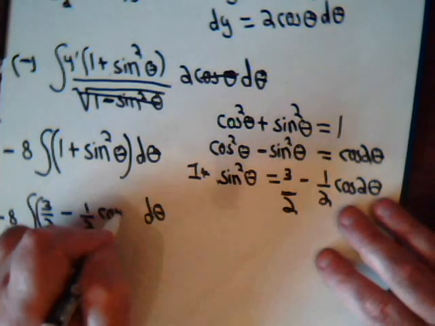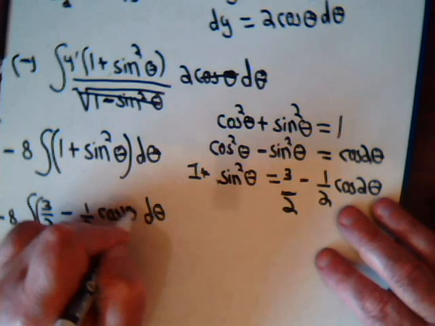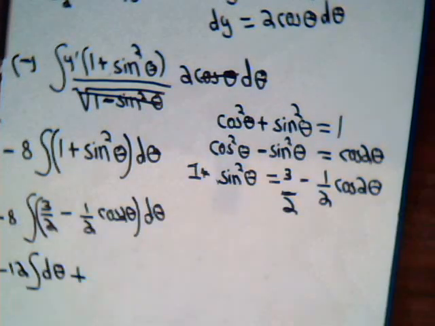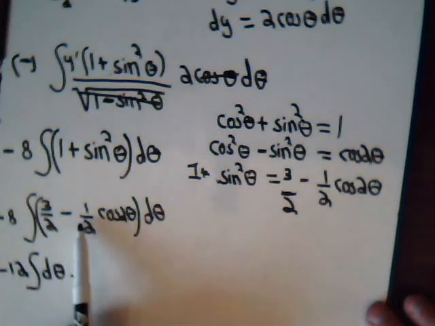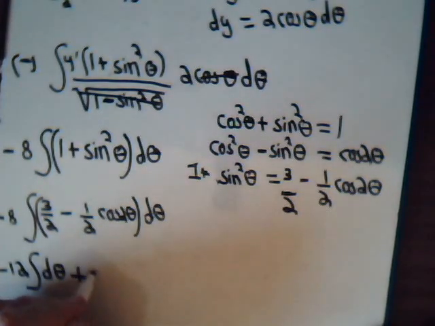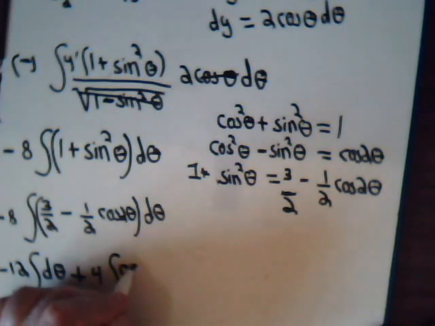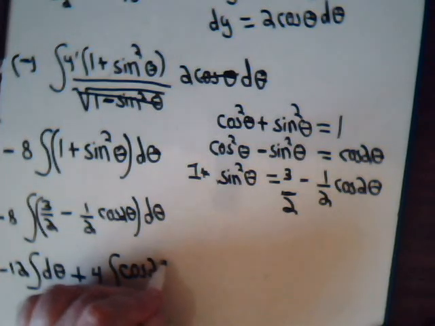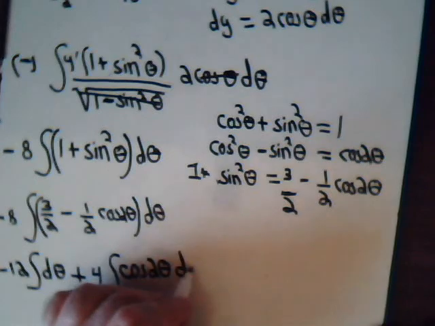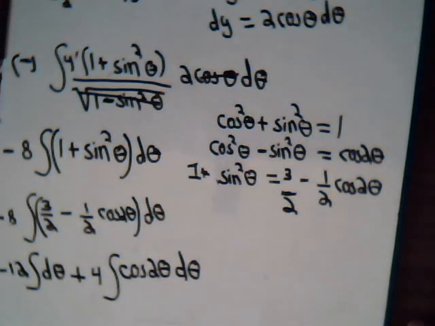It's important to have that written correctly. Okay. Minus 8 times minus 1/2 is plus 4 the integral of the cosine of 2 theta d theta.